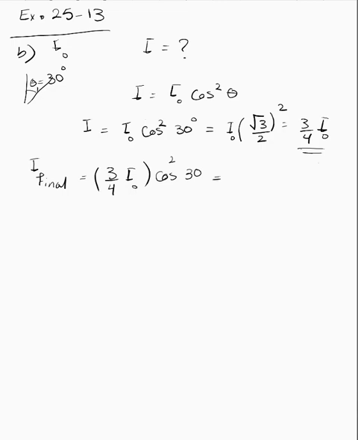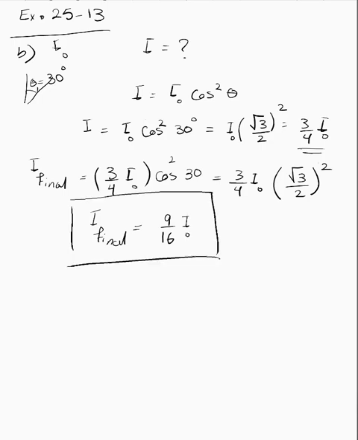So I'm going to do it again: 3/4 of I naught times cosine squared of 30 degrees, which is another square root of 3 divided by 2, all to the power of 2. So the final transmitted intensity is going to be 9/16 I naught.